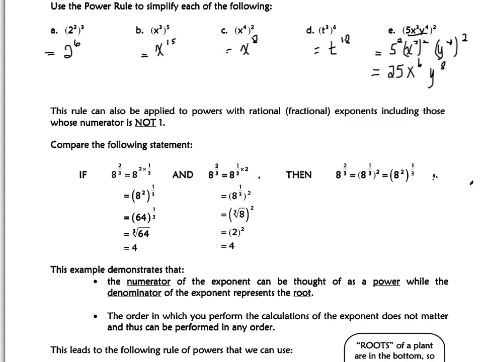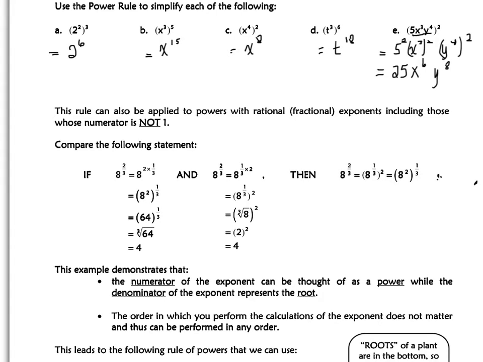Or we could have written 8 to the 2/3 as a third times 2, put the third first, and then use our power rule working backwards, and written that as 8 to the 1/3 squared, and then done the cube root of 8 first, squared. So the cube root of 8 would be 2, and if we square that we get 4. Either way, we're getting the same answer.